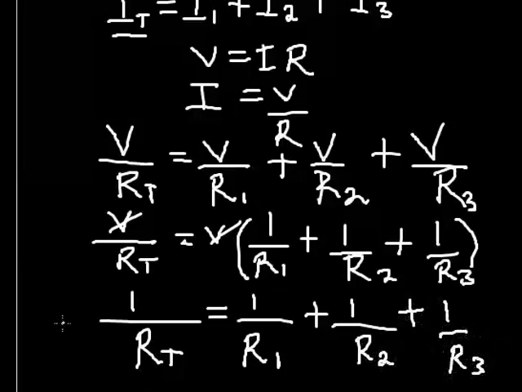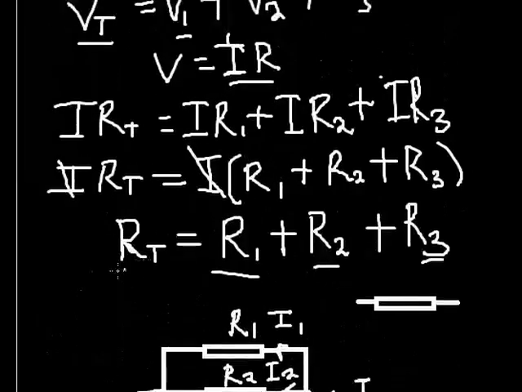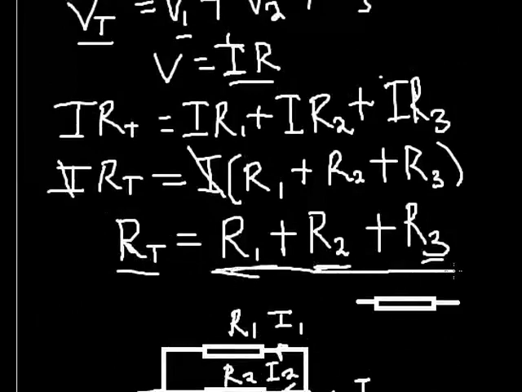Please take note of this. For parallel connection, the reciprocal of the total or equivalent resistance is equal to the sum of the reciprocals of the individual resistances. It's always in reciprocal, but for series, it's just a sum. We did this when we did capacitors.